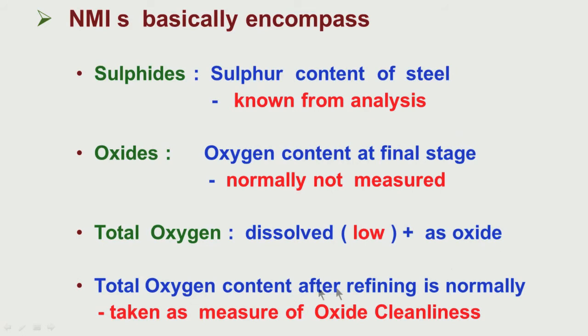Therefore, total oxygen content after refining is normally taken as a measure of oxide cleanliness, because the dissolved oxygen is low. Whatever total oxygen is present, we assume the majority of it is present as oxide inclusions.